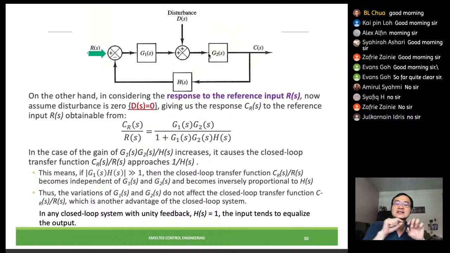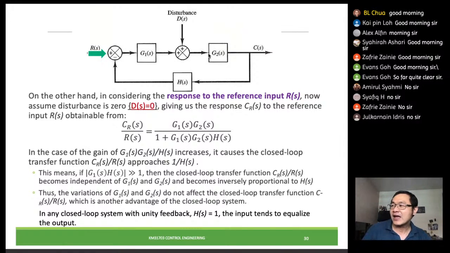When a signal coming through G1 and G2 changes very much, the system will still not respond suddenly. If we plot G1 into a graph, we don't want it to suddenly go very high, then go to another very high.